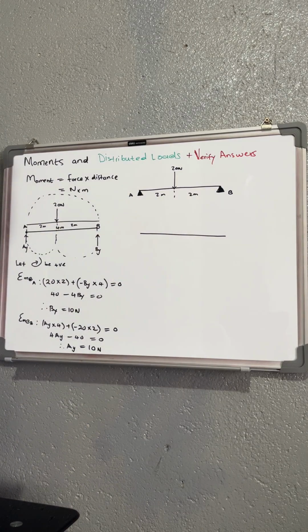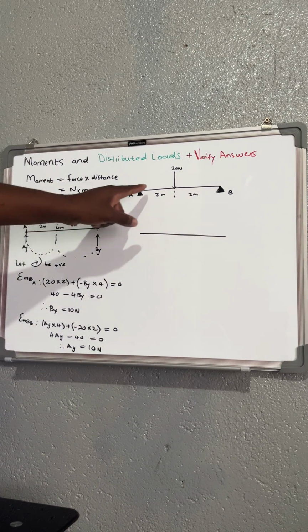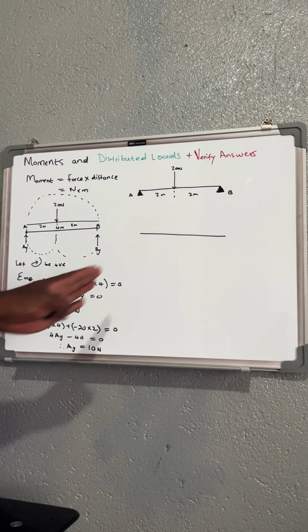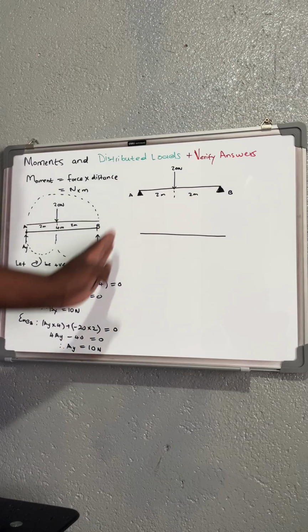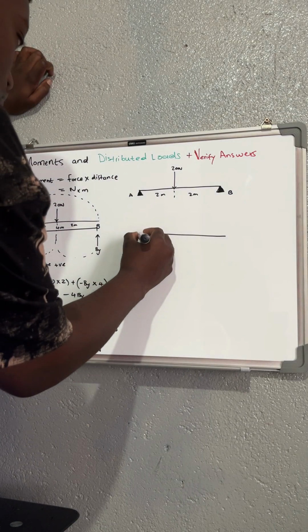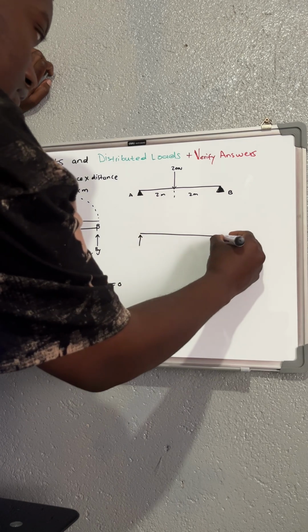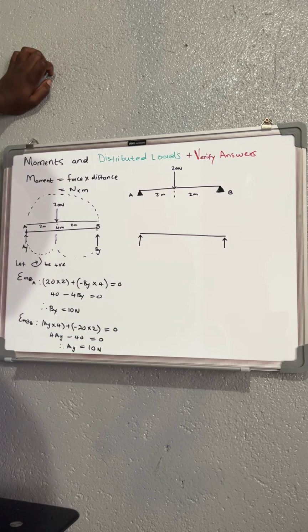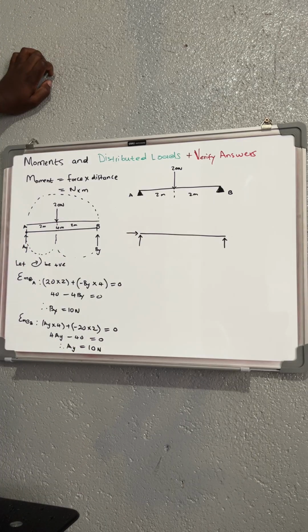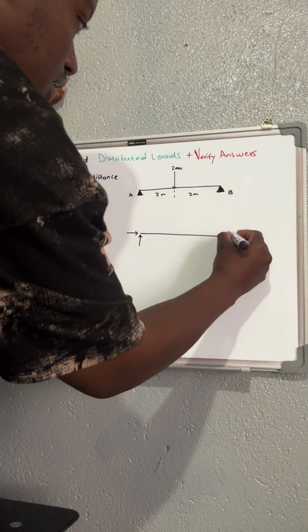These 2 pins are trying to hold this plank in place so that it doesn't move in the y direction and also in the x direction. So it's holding this one in this direction, and it's also holding this one in that direction so that it doesn't move at all.